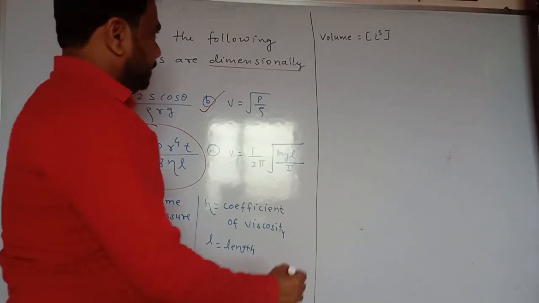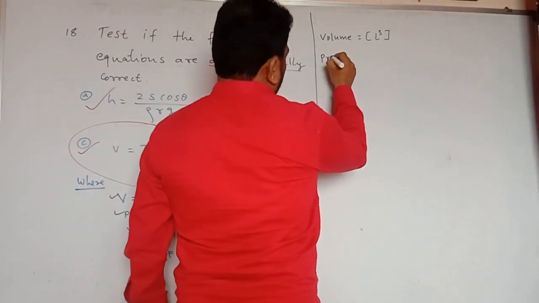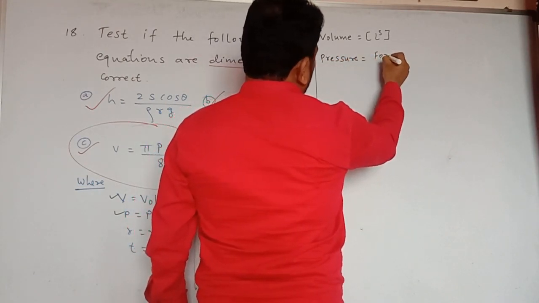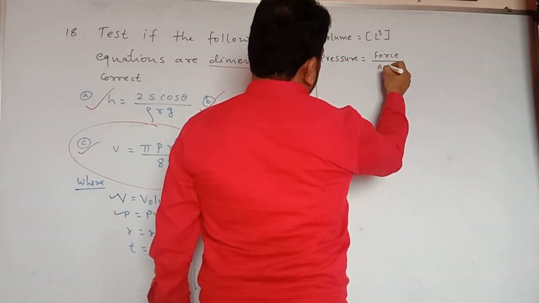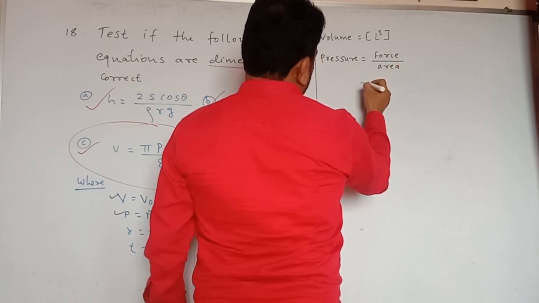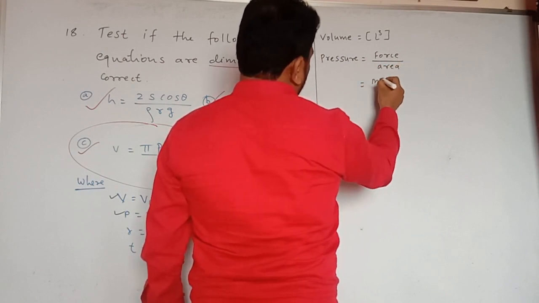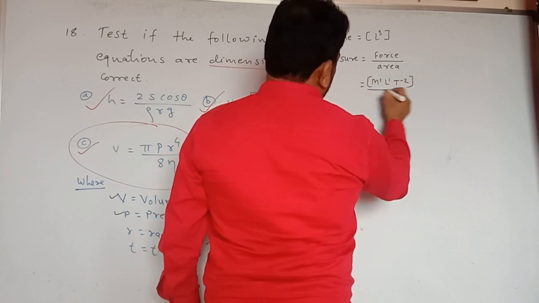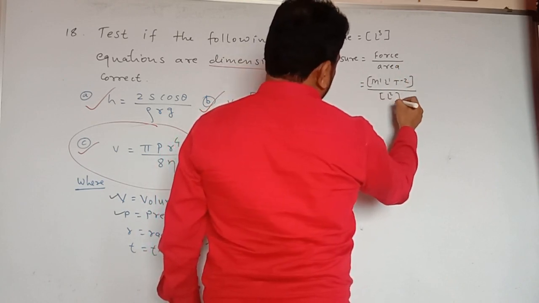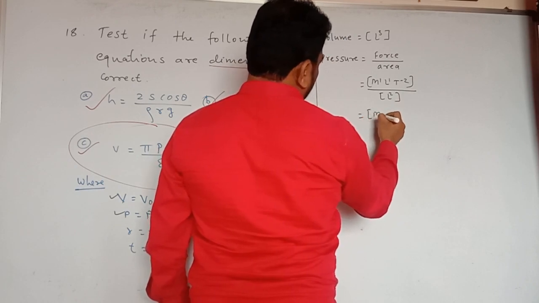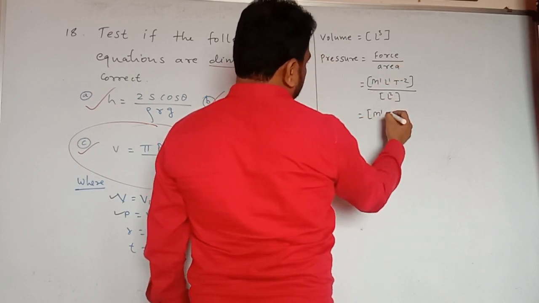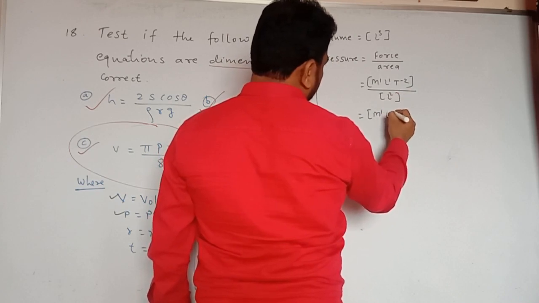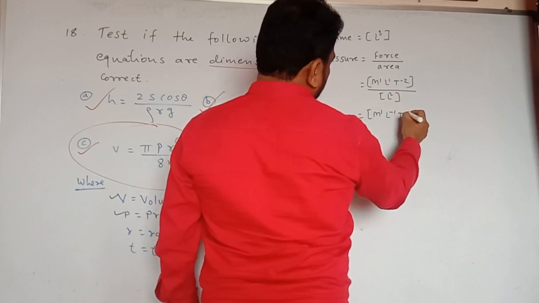Dimension of pressure. We know the formula for pressure. Pressure is equal to force per unit area. So that is force, M1 L1 T minus 2, upon area, that is L2. So it becomes M1, L1 minus 2 is L minus 1, T minus 2.